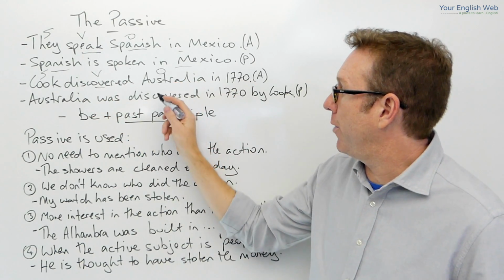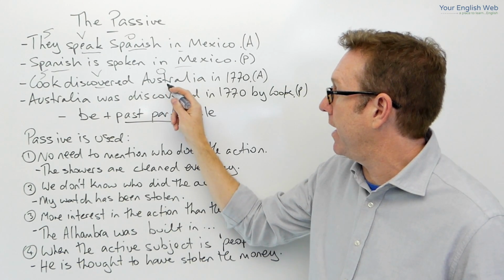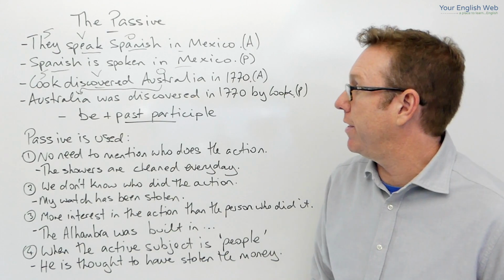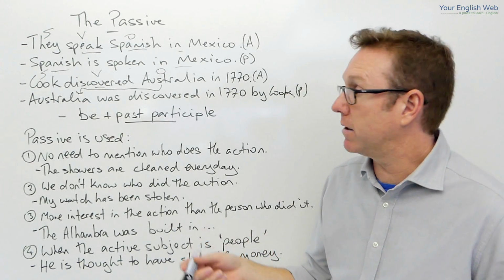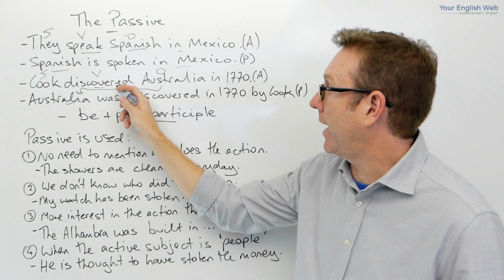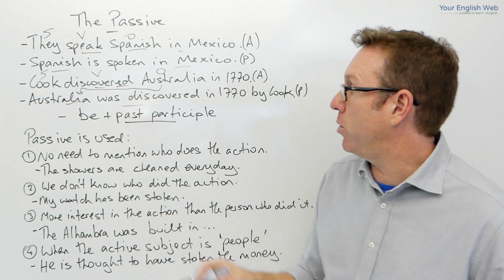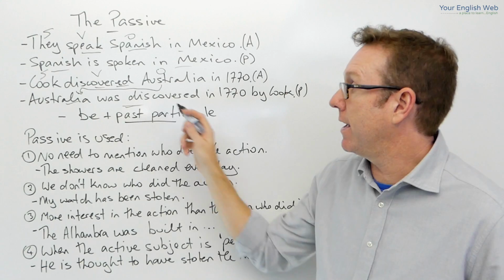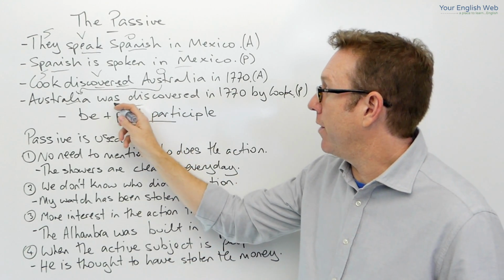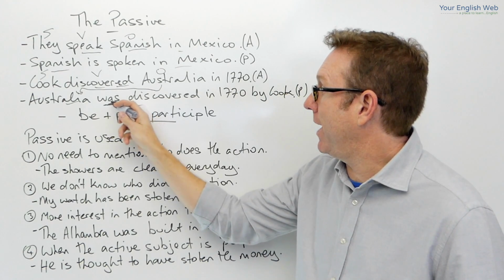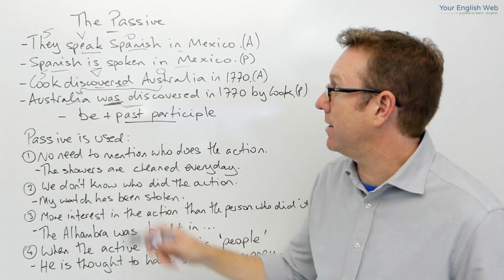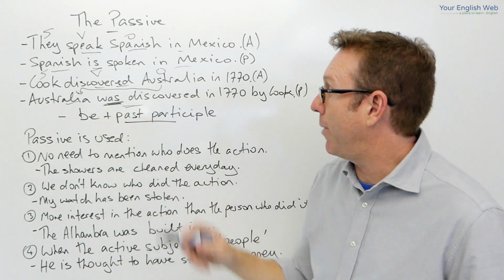So again, to form the passive, we take the object and we turn it into the subject. Australia was discovered, okay? Past simple turns into a past simple passive, with the verb to be in the past. Present, verb is in the present. Past, verb is in the past.